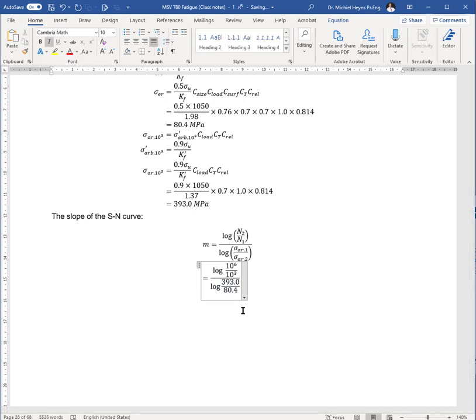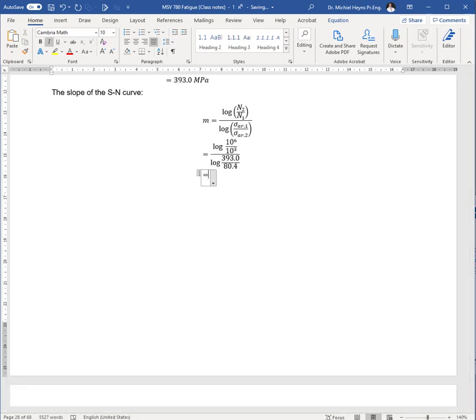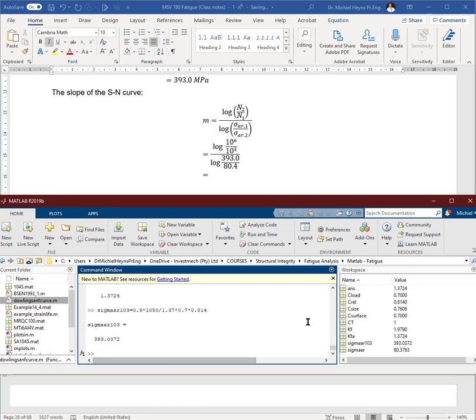I'm just going to put this in MATLAB so that we calculate the slope of our SN curve. So M is equal to the log 10, this thing works in log 10, of 1e6 divided by 1e3, and this will obviously be equal to 3, divided by the log 10 of 393 divided by 80.4.